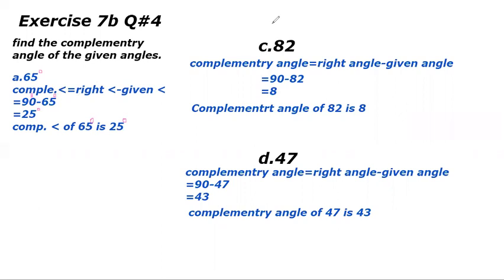Okay, the next part of this question, the B part, is 12 degrees. Following the same steps, complementary angle equals right angle minus given angle.